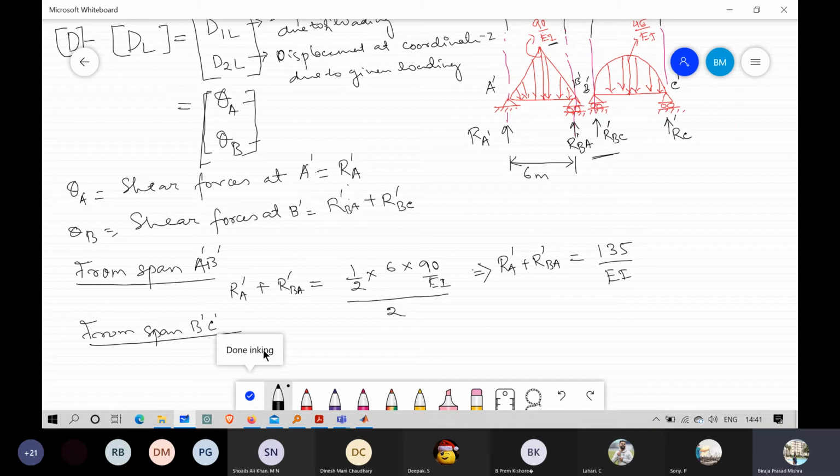R dash BC equals R dash C, that will be 2/3 the centroid, 2/3 into 6. This distance is again 6 meters, it is already given.